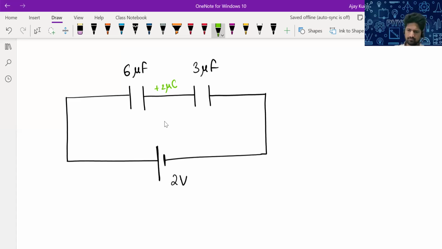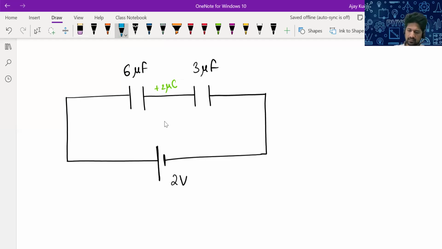Basic approach. Assume charge on one of the plates as Q. Fine. Now each plate has two surfaces. Charge on which surface should be assumed Q? See, this is the isolated region here, and that isolated region had a charge plus 2 microcoulombs.